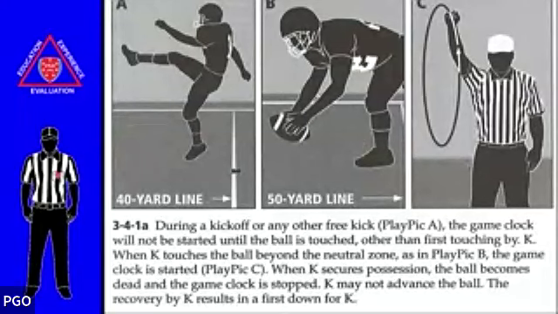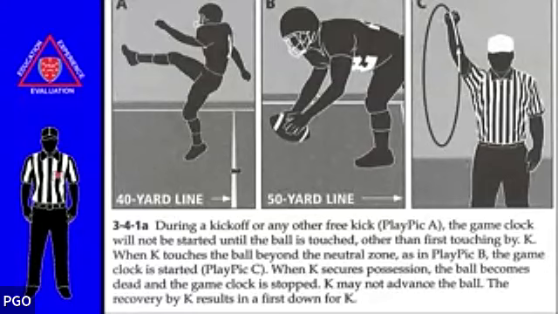Now, let's say the ball goes past 10 yards, and K touches the ball after it goes 10 yards. If it's touched by K after the ball has gone past the 50-yard line, and they muff it, not possess it, they muff it, we will start the clock.